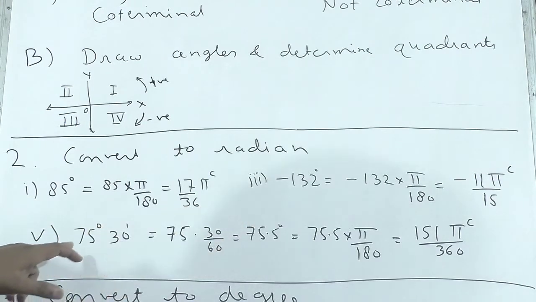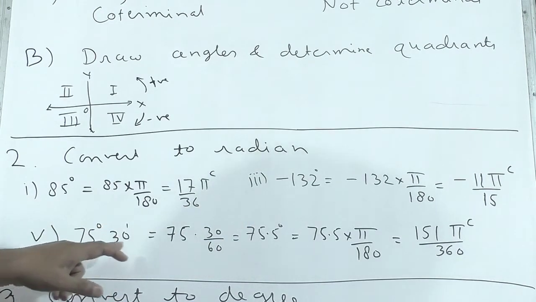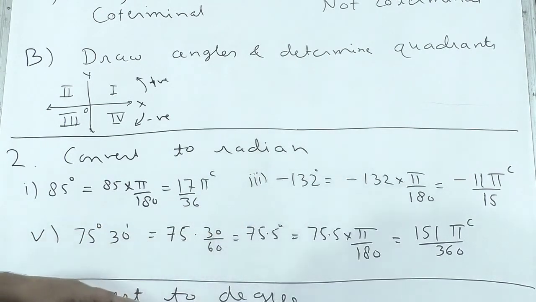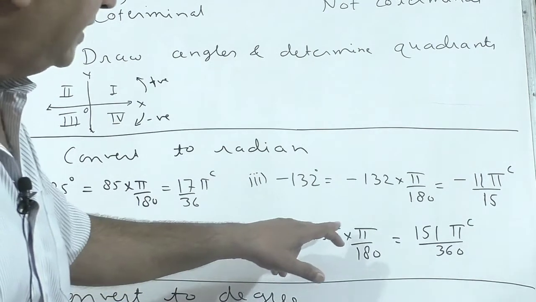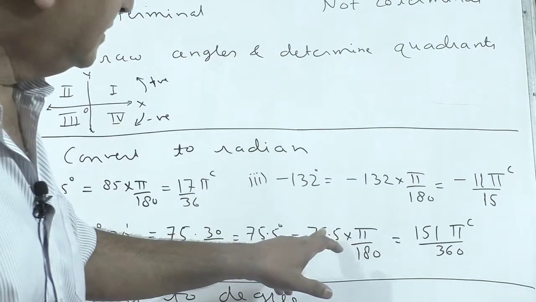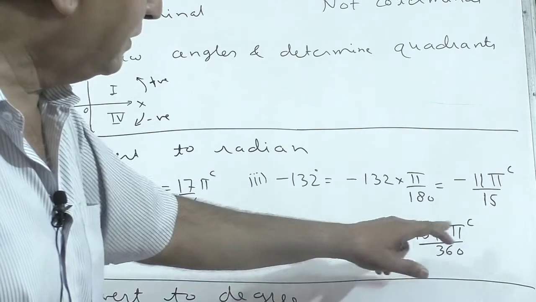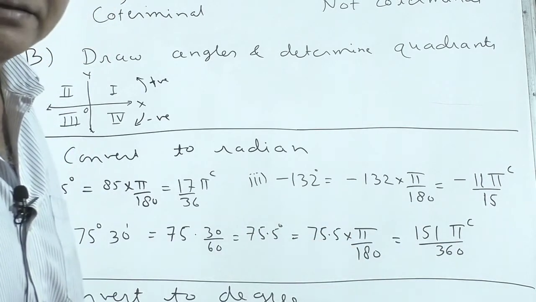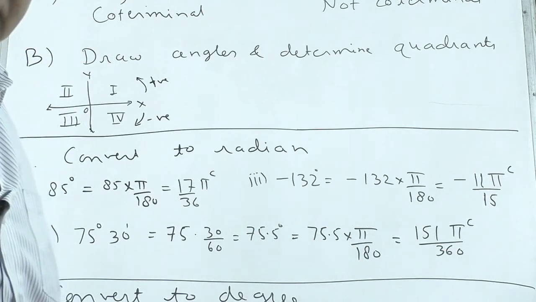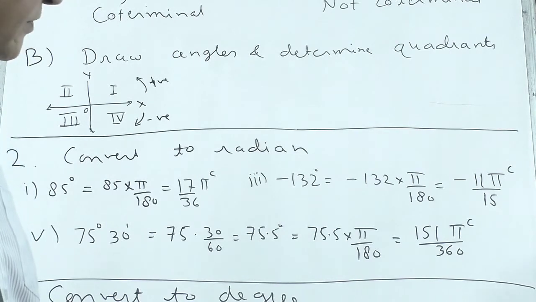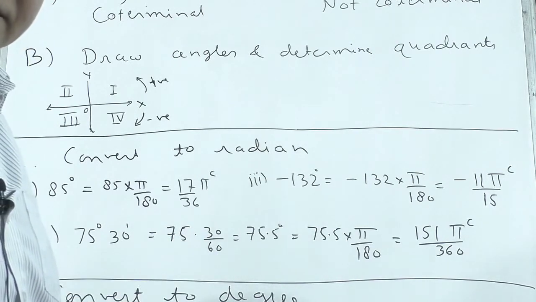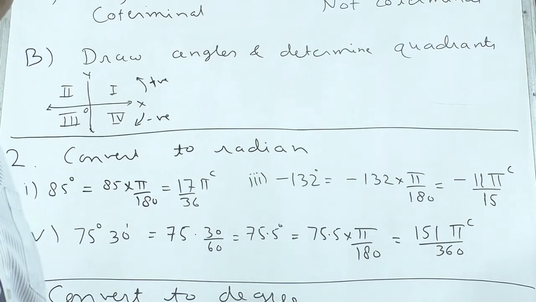So 75.5 degrees this is. Understanding? Important step: 75.5 into pi by 180, cut. We will remove the points. 151 pi by 360 radian. Understanding? Very simple practice, just rational number operations.